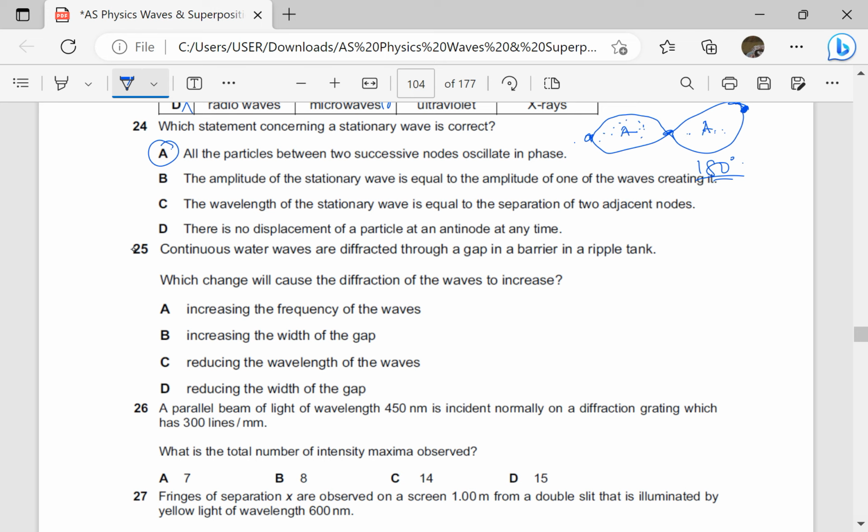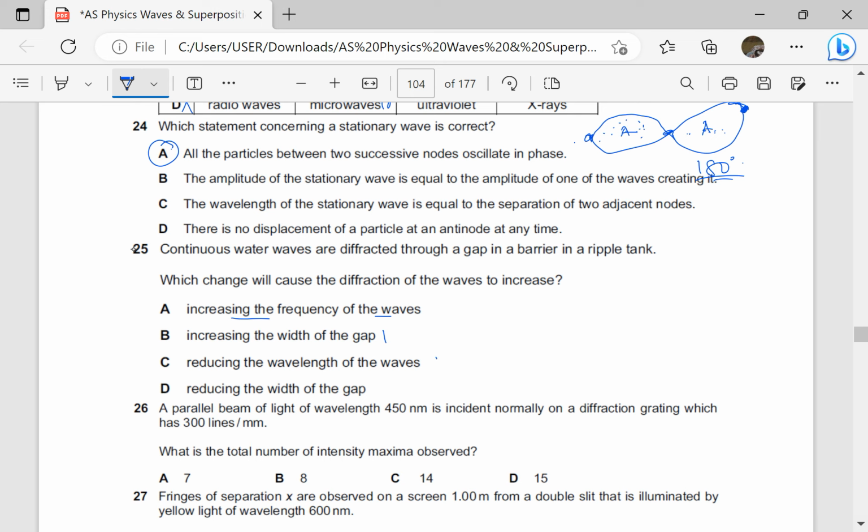Increasing the frequency, of course, decreases the wavelength. Increasing the width of the gap, reducing the wavelength of the waves, reducing the width of the gap.